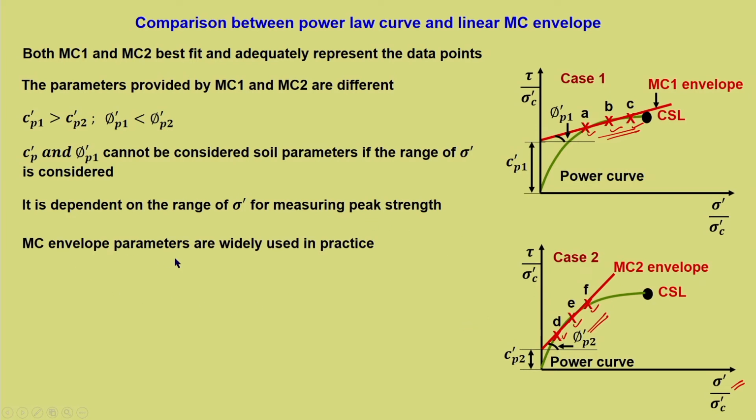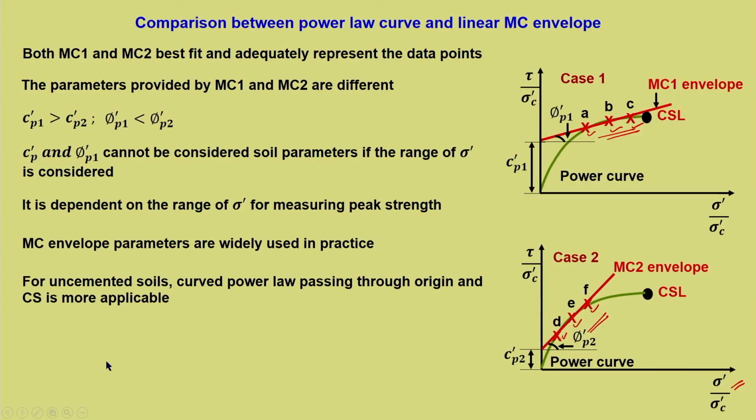MC envelope parameters are widely used in practice because we never look at the power curve. What we are interested in is the representation using Coulomb's envelope. All the numerical evaluation, even all the programs that we use, are basically based on the Mohr Coulomb failure envelope.